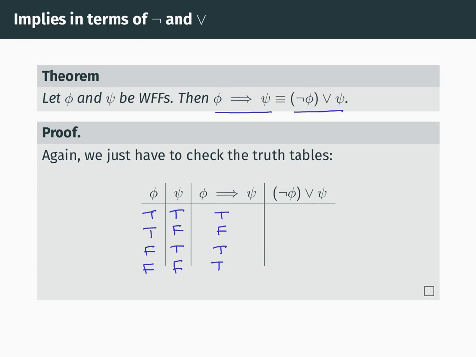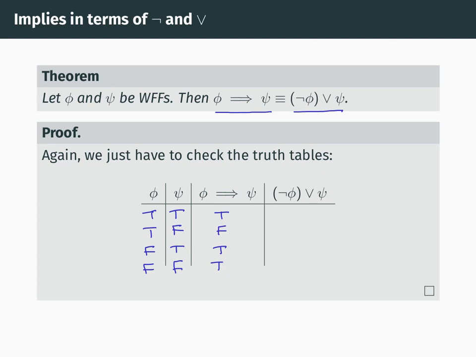And now we have to think about our final column, and when this final column could be false. The only way for an or statement to be false is when both of the things in the or statement are false. So this can only be false when psi is false and when not phi is false.